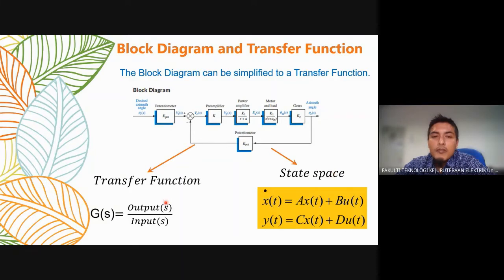So what is the difference between transfer function and state space? If you see this equation, what can you see? What is the difference? I give you a hint: the domain. Anyone would like to try?